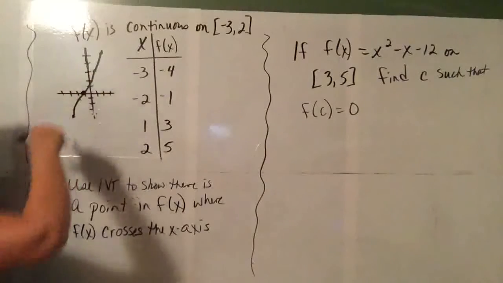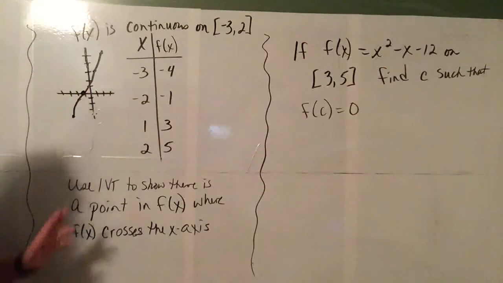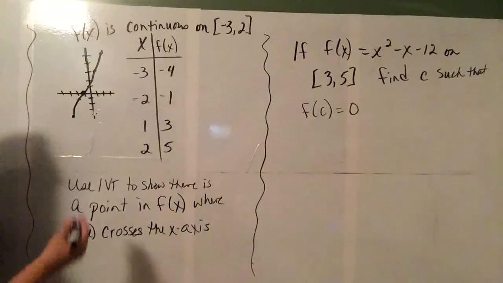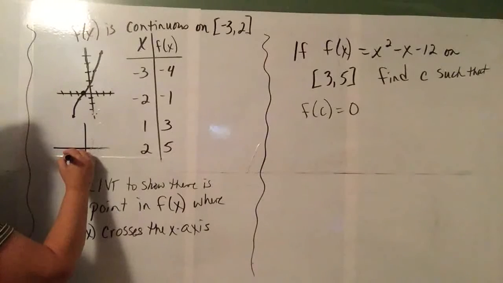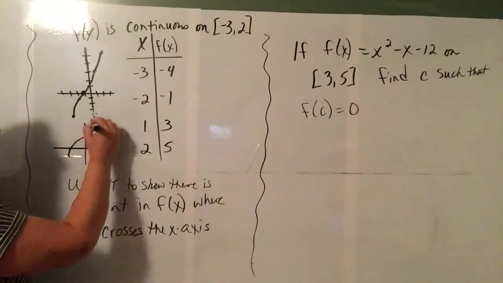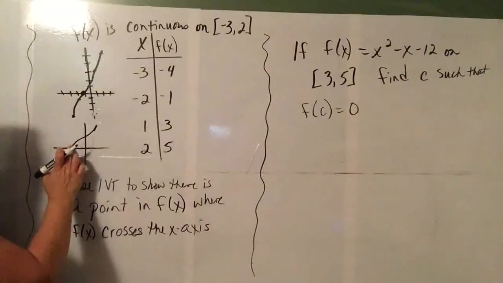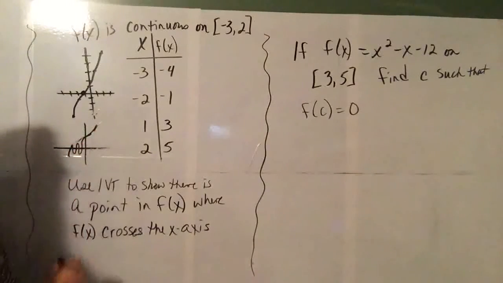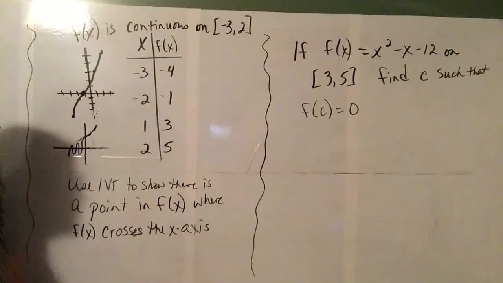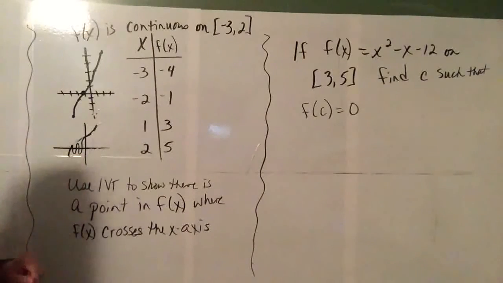They tell us that. Now, we don't know what the function is doing. There's no way we can tell exactly where that value is. When I draw the basic graph, it looks something like this, but who's to say that it couldn't do this before going up like that? We don't know exactly what that graph looks like.